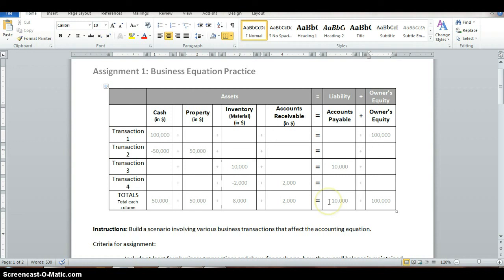I need both sides to equal. So I have 110,000 on this side, and on the other, 50 plus 50 is 100,000, plus 8 is 108,000, plus 2 gives me 110,000. So good, that tells me I'm balanced. I have 110,000 on this side and 110,000 on this side. A balanced accounting equation. And that's how you do the first assignment, business equation practice.